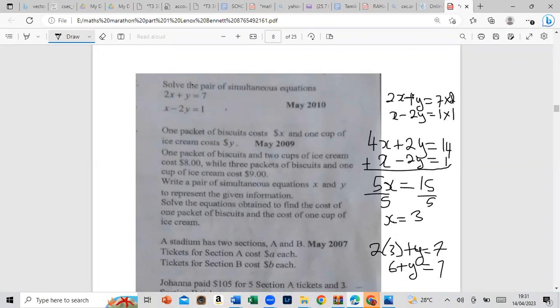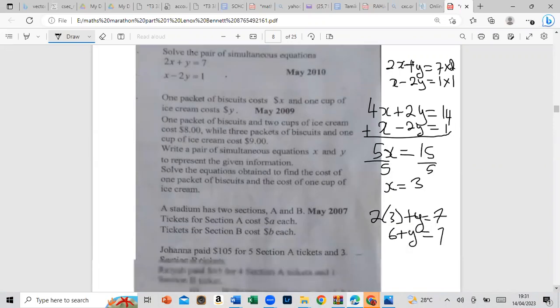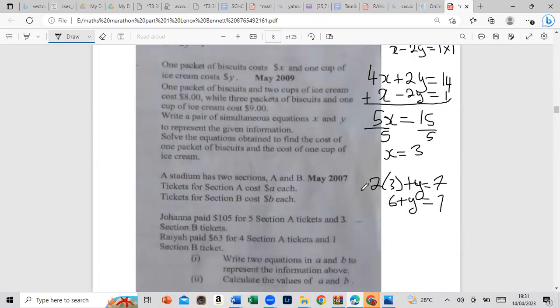With the next one now, one packet of biscuit costs x dollars and one cup of ice cream costs y dollars. One packet of biscuit and 2 cups of ice cream, so that'll be 1 and 2, cost $8, they say. I think that one is similar to the one we did earlier.